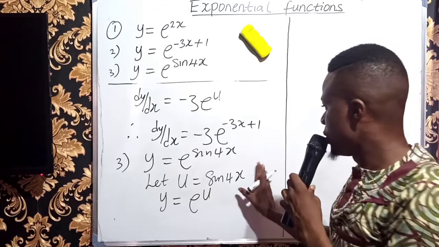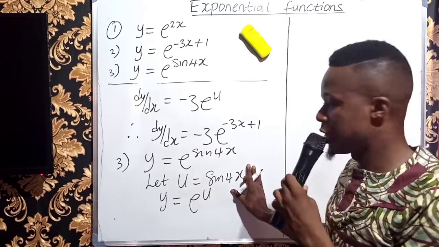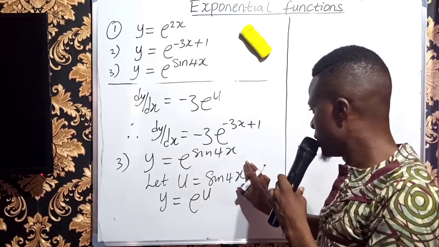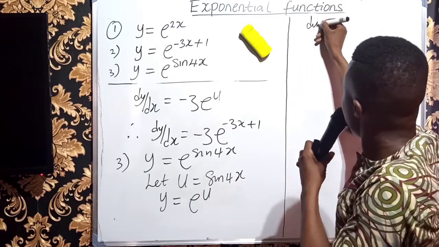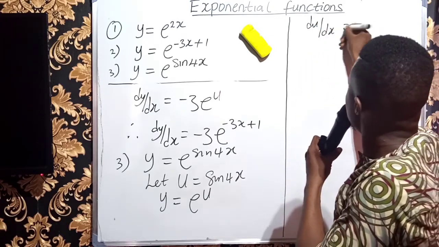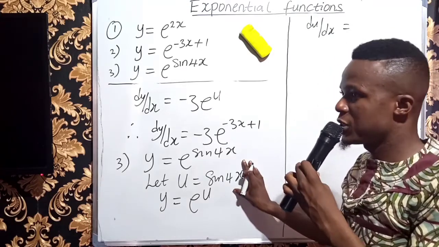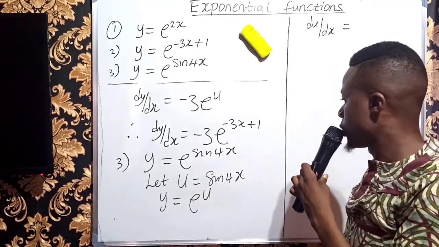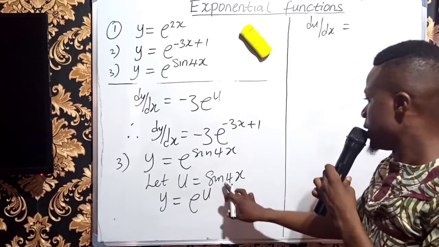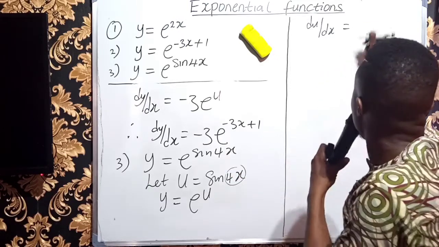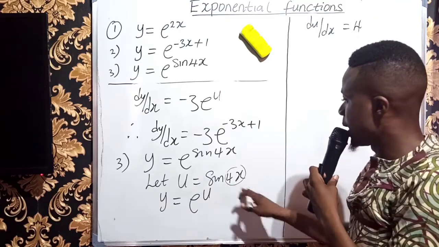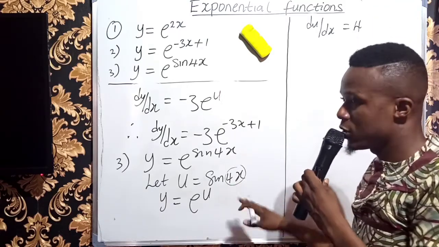If you have watched my video on trigonometric differentiation, you will see how to differentiate this. To differentiate sine 4x, it will just give me 4 cos 4x, because if you differentiate the term 4x here, you are getting 4, and I differentiate sine x, I'm getting cos x.